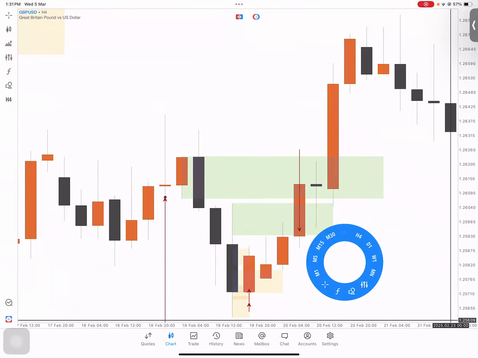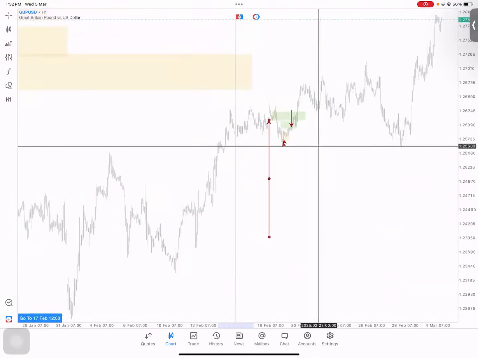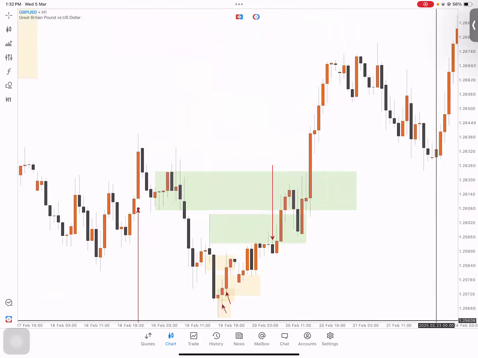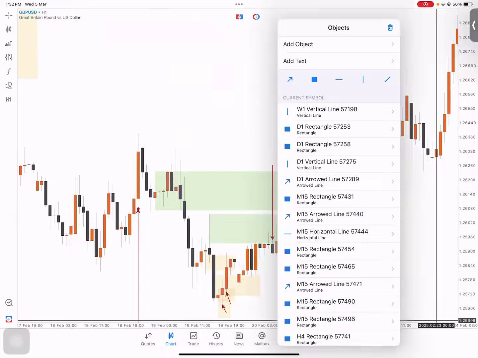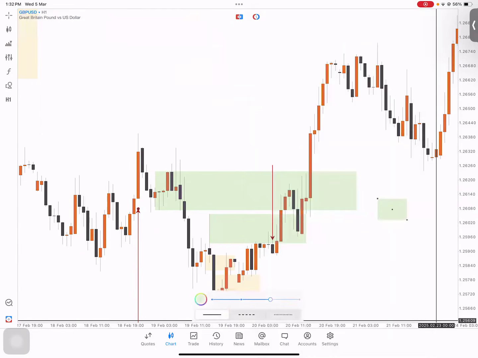Okay, let's jump to H1. For me, I'll jump to H1. We can delete the rest of the zones, just keep the main zone for me.